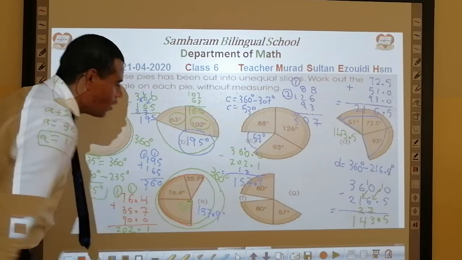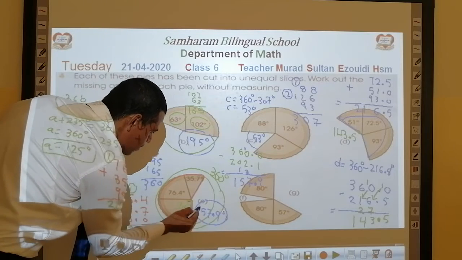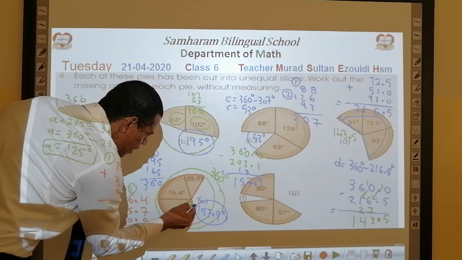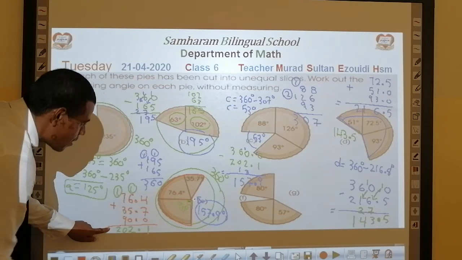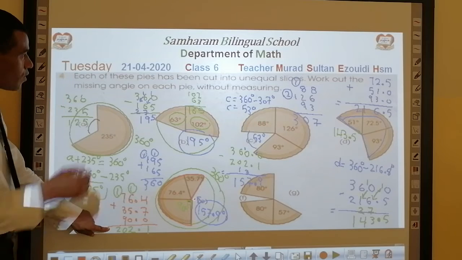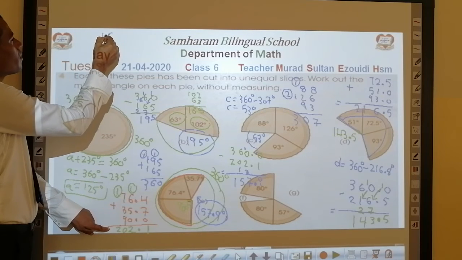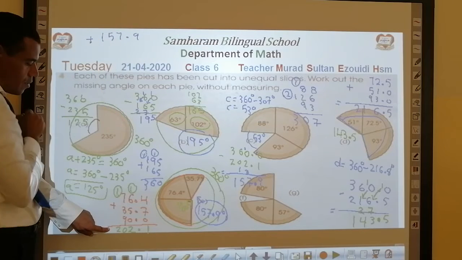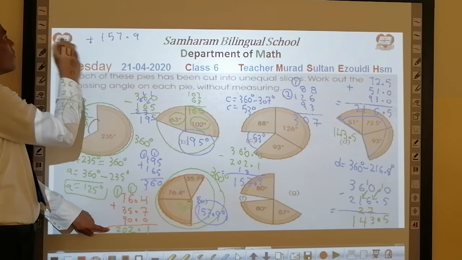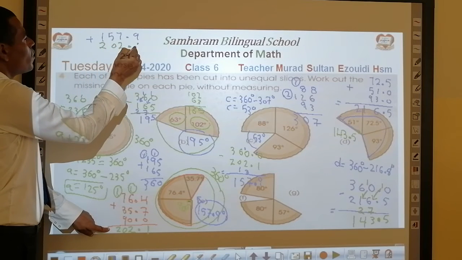157.9 degree. If you would like to check, add this, which is, let's say, the measure of this angle, to that. Okay? So I will make it here. What do you think? 157.9 plus 202.1.